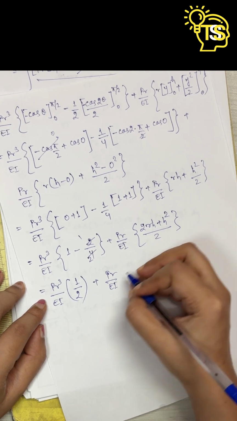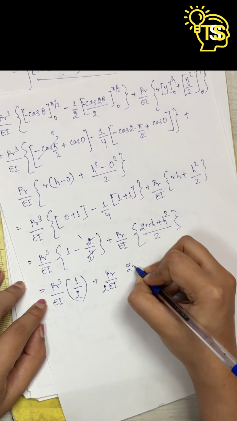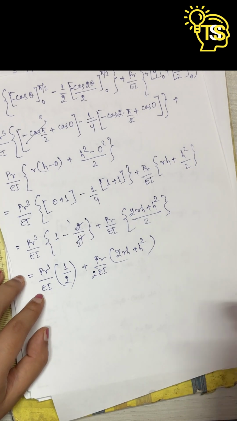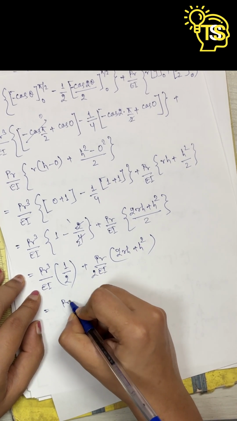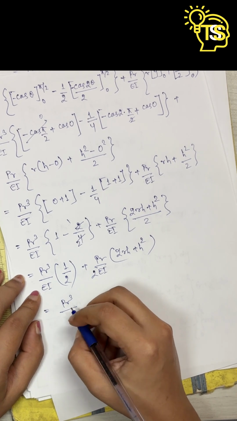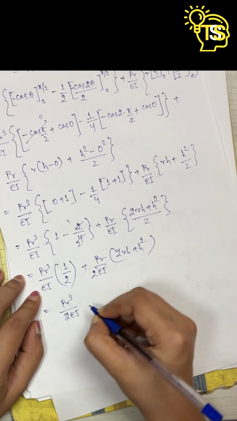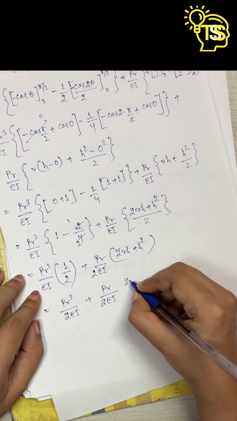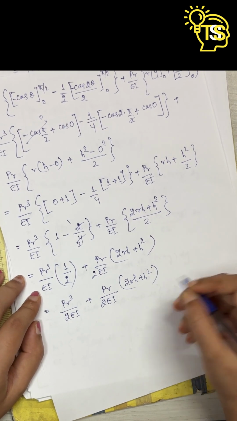Here let's bring the 2 outside. 2 R h plus h square we got. Here also we got value P R cube by 2EI plus P R by 2EI (2 R h plus h square).